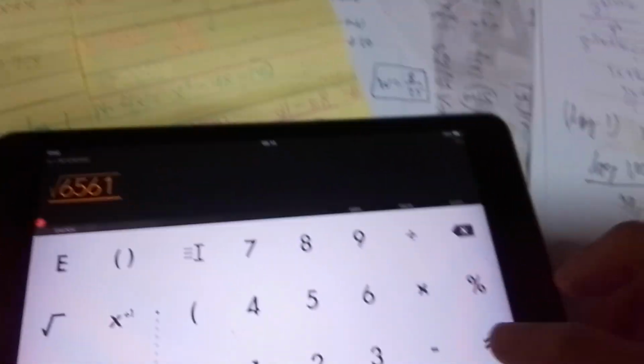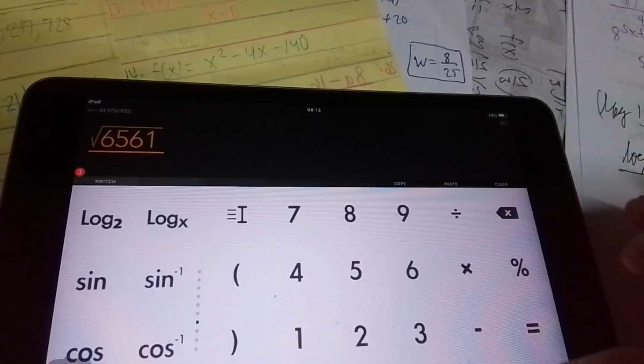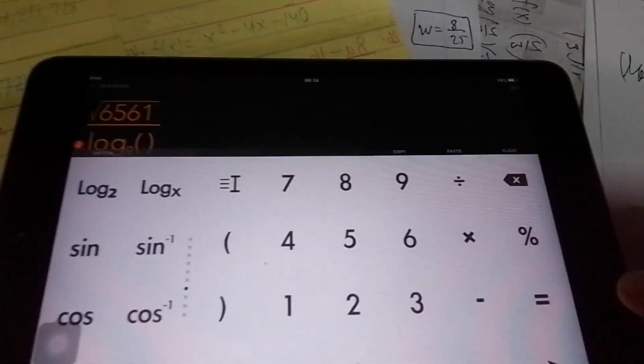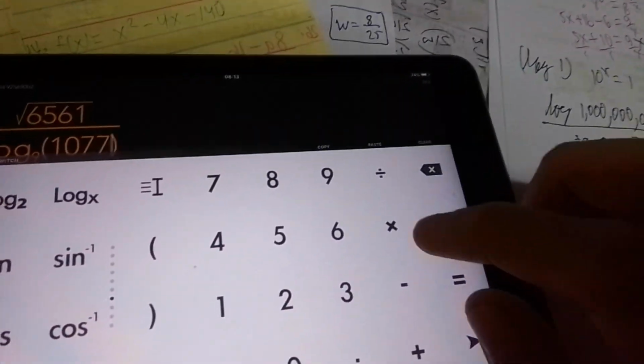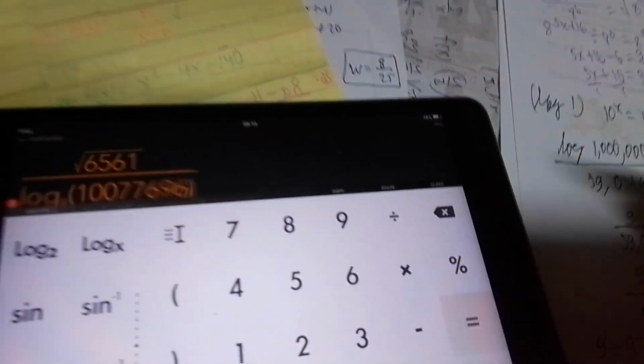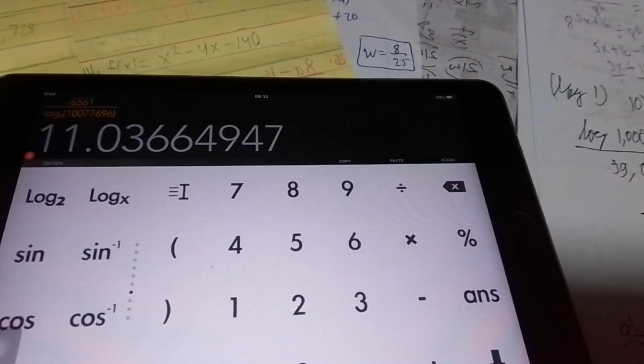Square root of this number. Right? And then all divide by, where's the log? No, not this one. We have to put it in the denominator. Log base 9 of, what's the answer here? 10,077,696. What answer did we get? If we were to divide, we should get this answer, right?